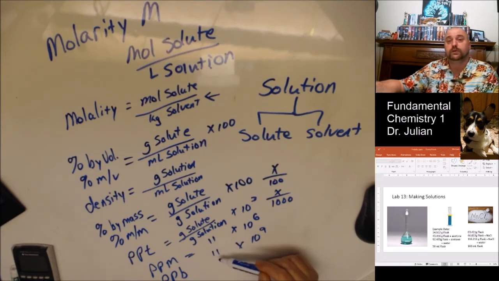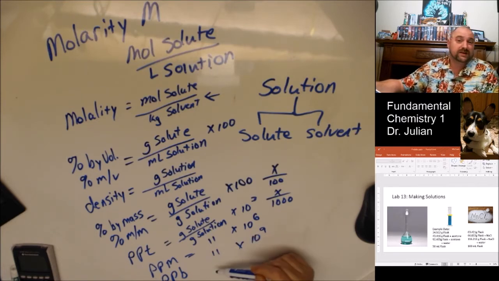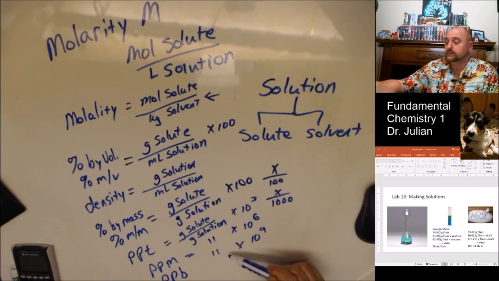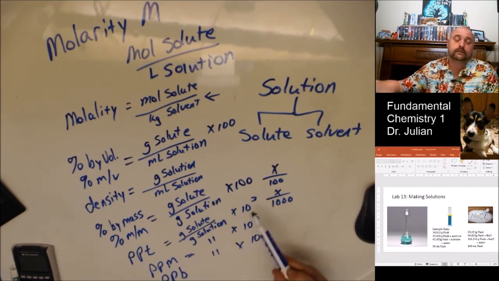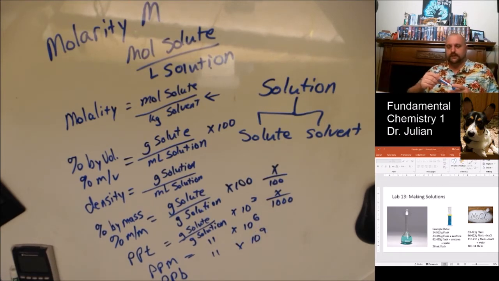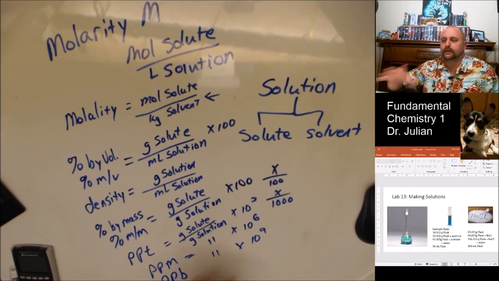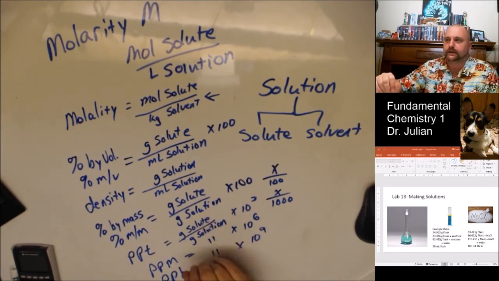But ppb is usually used for measuring the amount of something maybe poisonous in the air that we breathe. Now, I pick on poisonous just to make it scary, but we use them for all kinds of other things as well. It doesn't have to just be poisonous. All right. So these are our main set of calculations that we'll be doing.